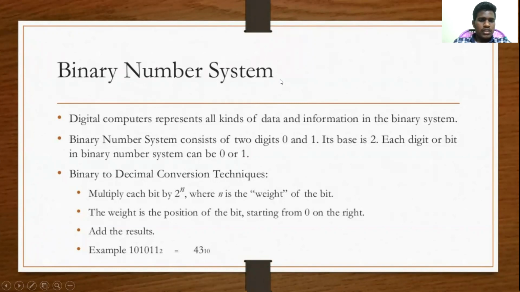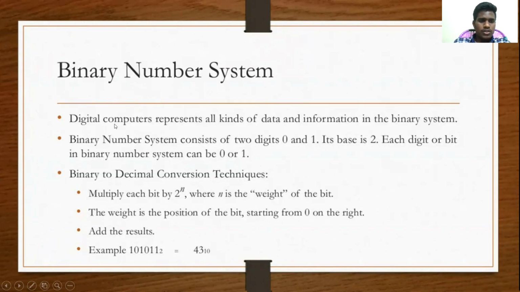First, we will deal with the binary number system, and then the other number systems. Digital computer represents all kinds of data and information in the binary number system. The computer can only understand the binary number system, and in order to understand, whatever input we are giving, it will convert the given input into the binary number system.